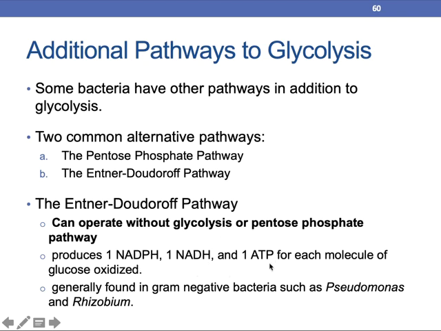Note that it also produces 1 ATP for each molecule of glucose that is oxidized. This is generally common in gram-negative bacteria such as Pseudomonas and Rhizobium. And we don't usually find this process taking place in gram-positive bacteria. So it's one of the ways that you can use to separate the two. Sometimes in clinical settings, they are used to identify Pseudomonas.